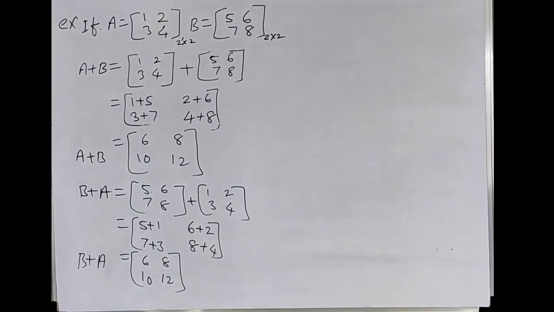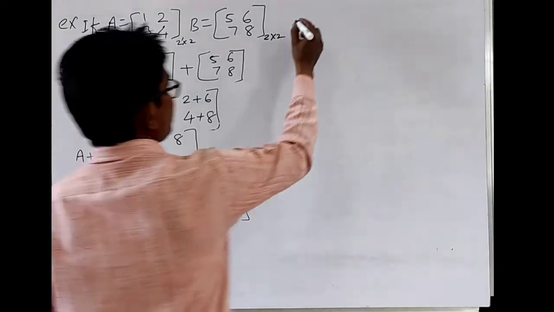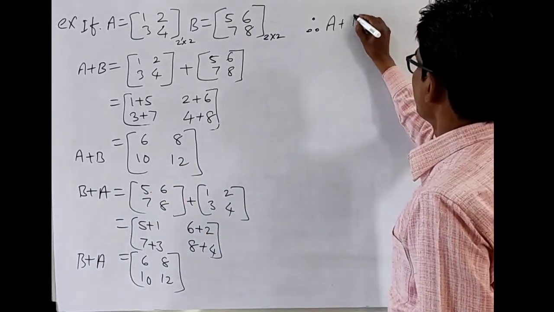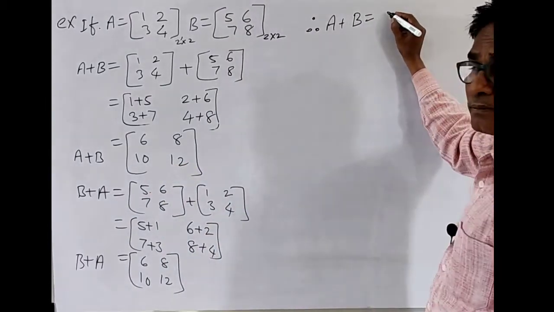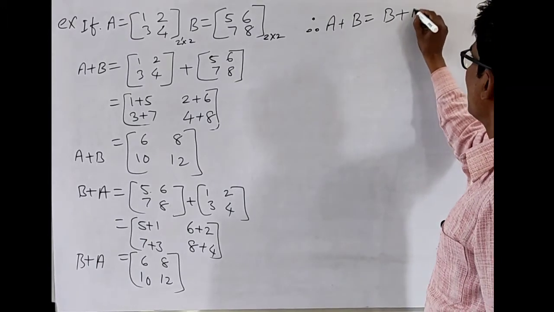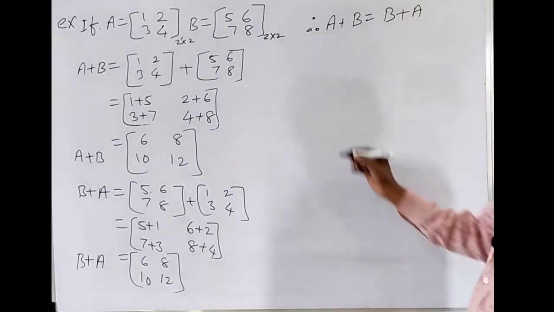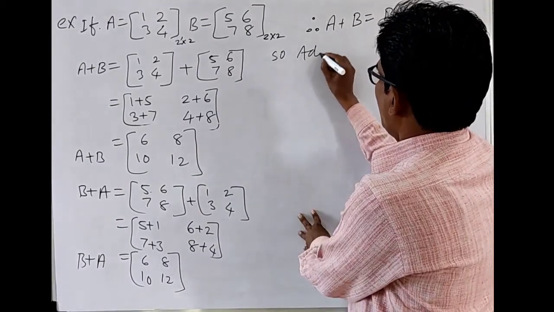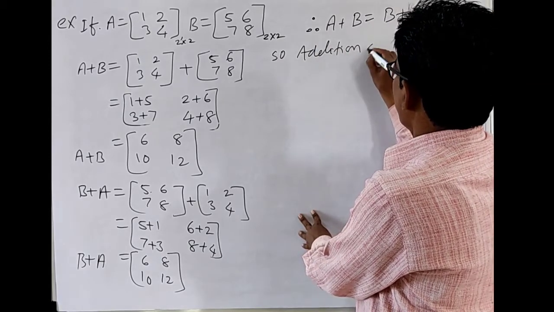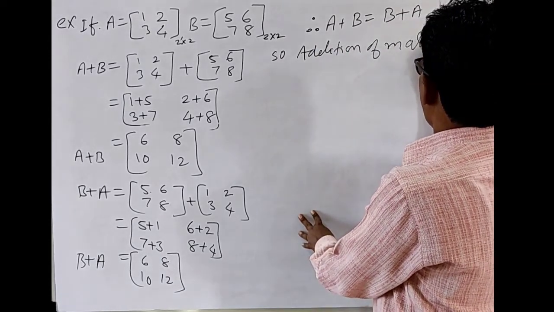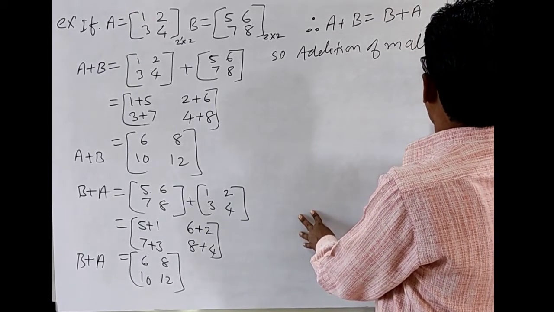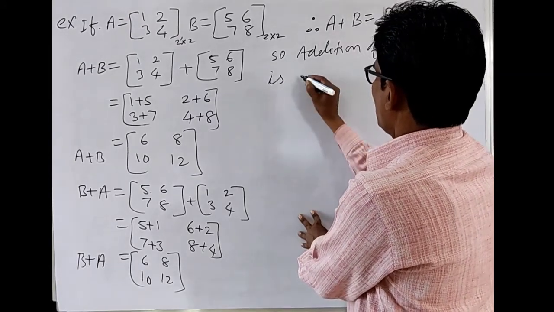So what will you conclude from A plus B and B plus A? Both have the same elements. Therefore A plus B is equal to B plus A. So addition of matrices is commutative.